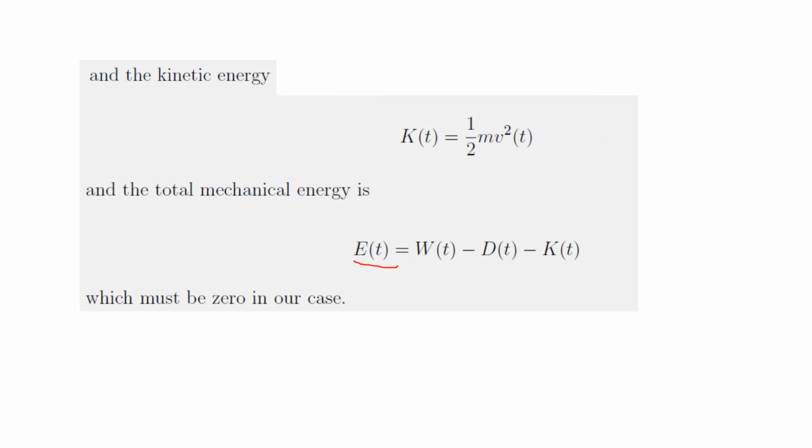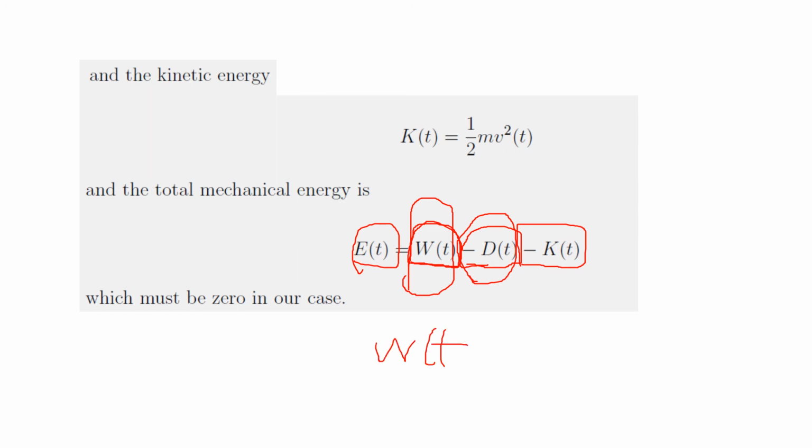And the total energy should be the input energy fed into the system, the dissipated energy from the system, and also the energy transferred to the kinetic energy. So it tells us the total energy fed into the system, Wt, should equal the dissipated energy plus the energy transferred to the kinetic energy.